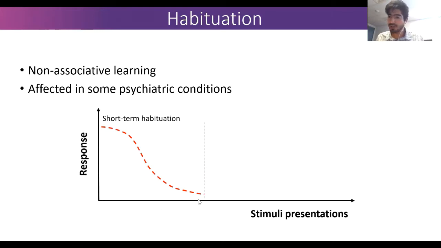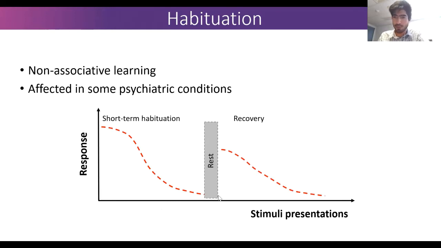There are a few signature characteristics of habituation. One of them is that after a small period of rest, when no stimuli are presented, once you present the stimulus again there will be a recovery and then further habituation with more presentations.